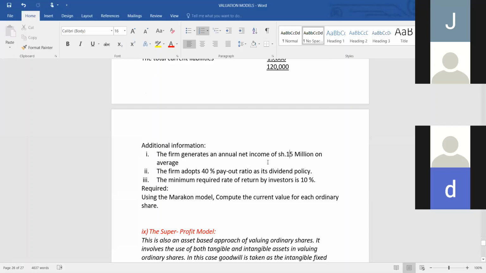How did you get the growth rate? Return on equity times retention ratio. Yes. The growth rate you should capture using the Gordon's growth approximation equation, where growth rate is return on equity times retention ratio.